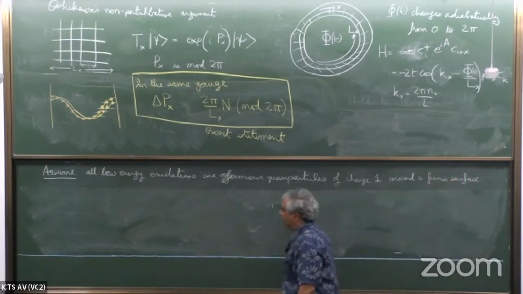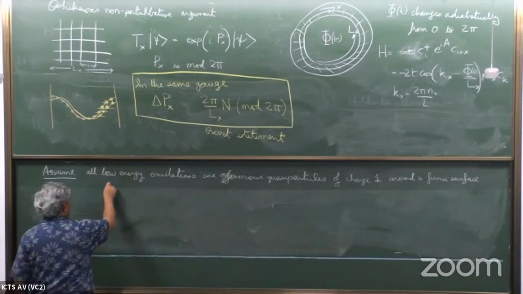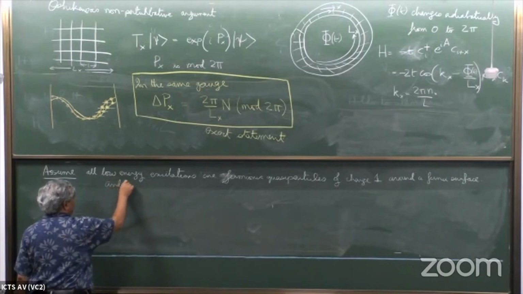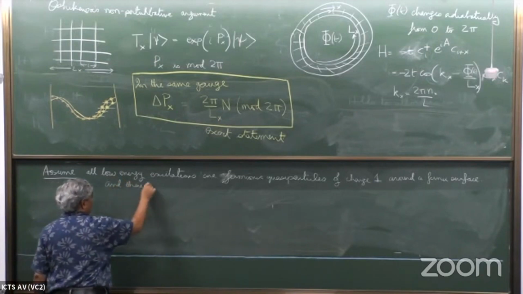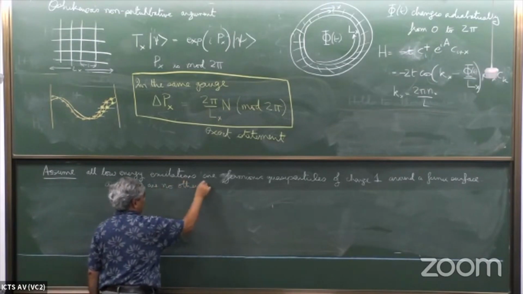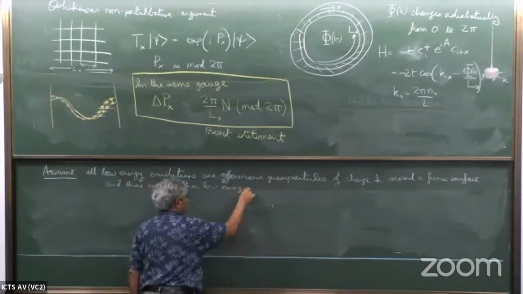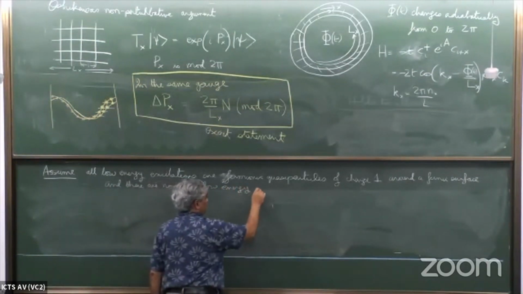Okay, and these are the low energy excitations. And also, there are no other low energy modes on a torus.